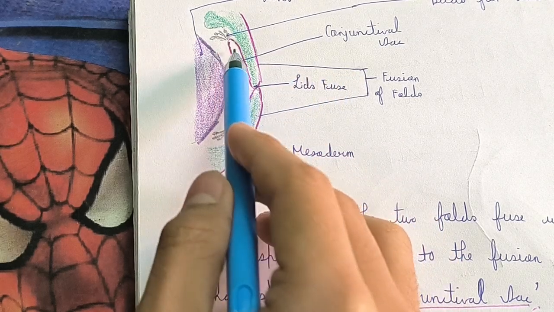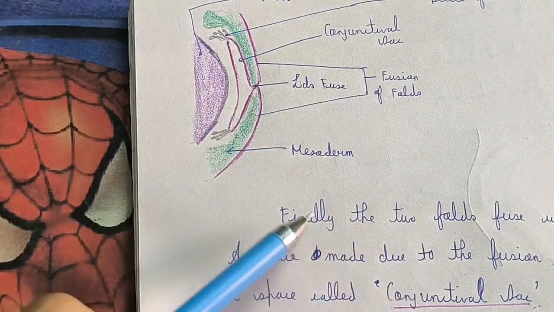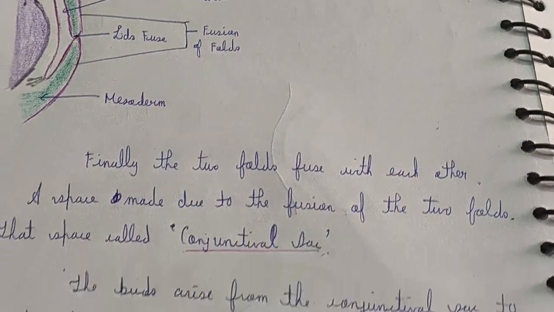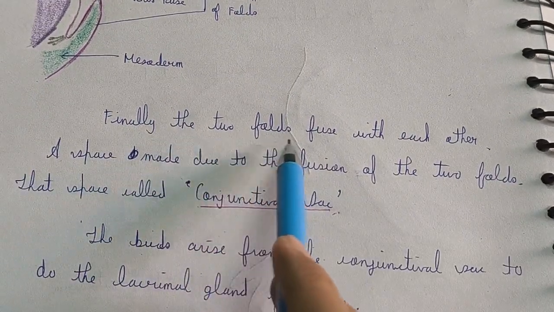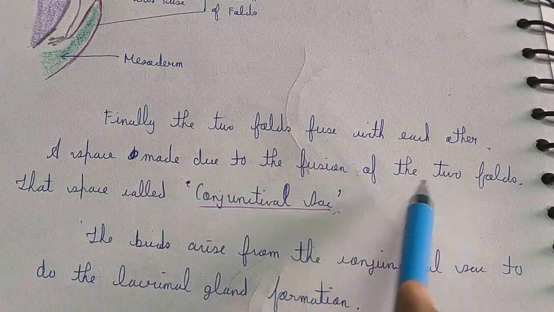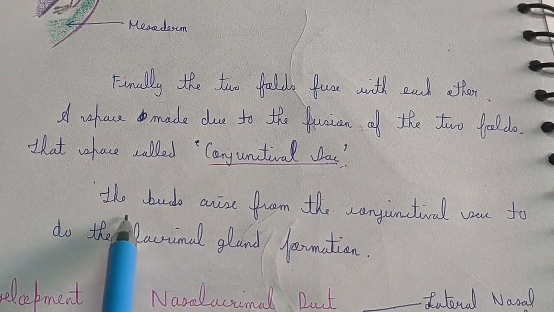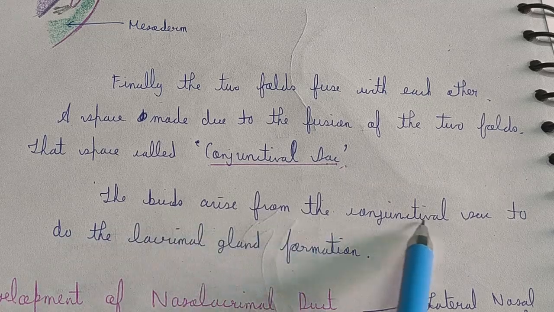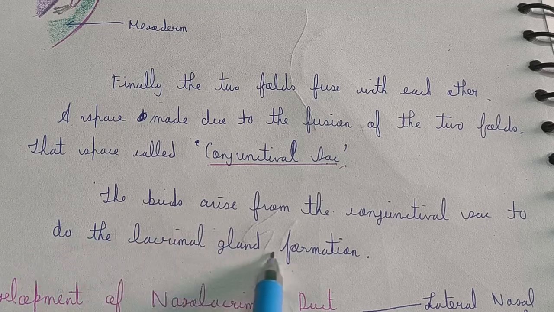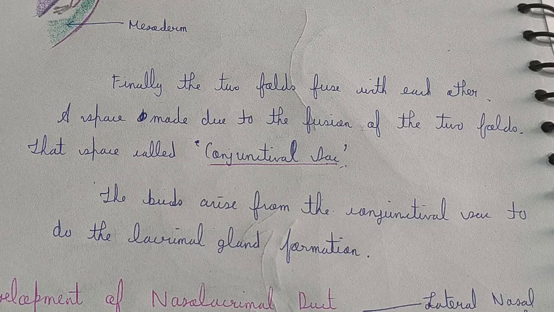You can also notice that from this conjunctival sac, buds arise, and these buds are responsible for lacrimal gland growth, giving rise to the lacrimal gland. So that's about the development of eyelids.